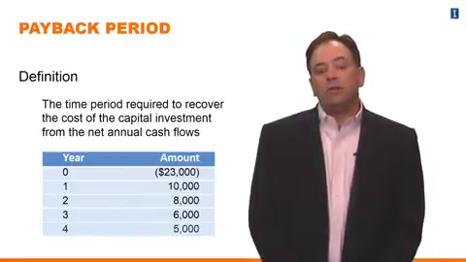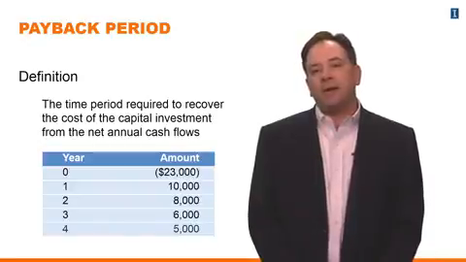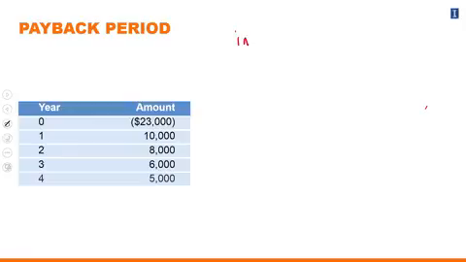In years 1, 2, 3, and 4, we have cash savings from this machine. So let's calculate the payback period for this investment. Looking at our example, we know that the initial outflow is $23,000.